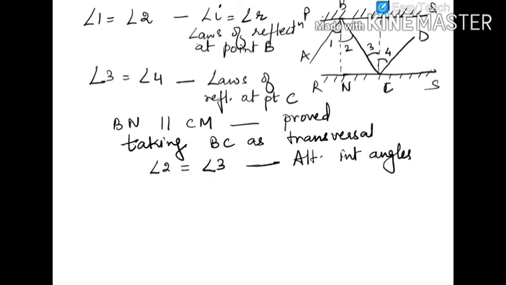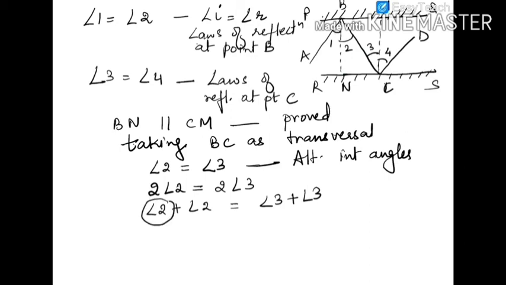Now multiply this equation by 2, so we get 2 times angle 2 equal to 2 times angle 3, which is angle 2 plus angle 2 equal to angle 3 plus angle 3. Now what I am going to do is replace this angle 2 as angle 1 because angle 2 is equal to 1, and replace this angle 3 as angle 4 from these steps.